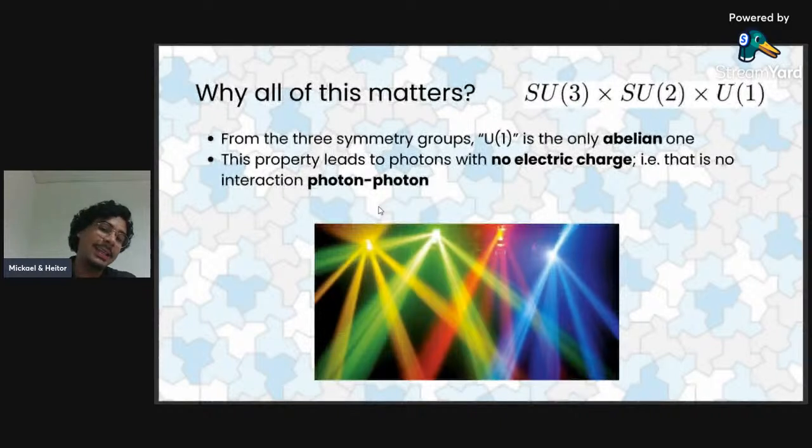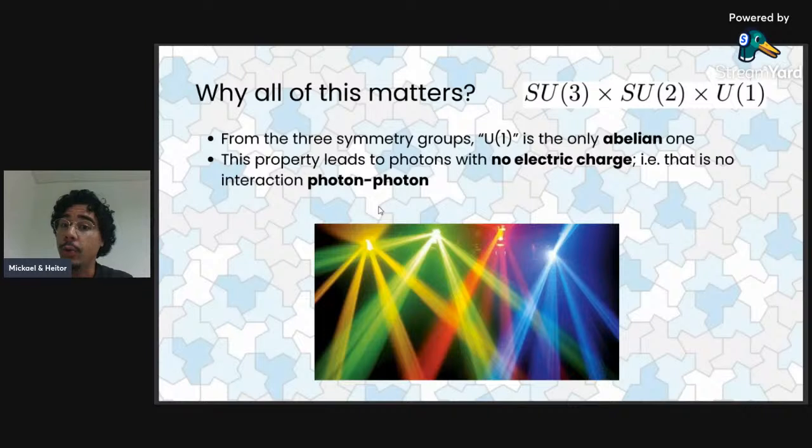And the main implication of the U1 group being abelian for electromagnetism is that the boson of electromagnetism has no electric charge. That is, there's no interaction between photon and photon. Here in the picture, you can see that light doesn't interact with light. Photon doesn't interact with photon because of the abelian property of the group U1.